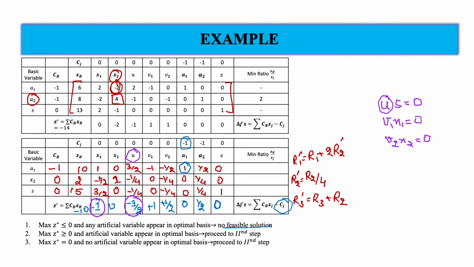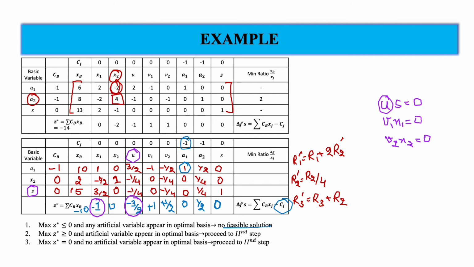So if s1 is a basic solution and u also becomes a basic variable, then it will have some value and both will not be 0, so this multiple is not 0. So one of them is already in the basis, so we can't enter the other variable.